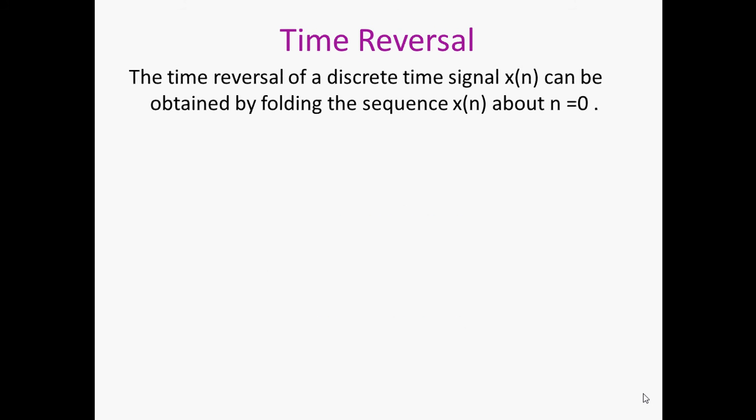Next is time reversal. So the time reversal of a discrete time signal x of n can be obtained by folding the sequence x of n about the origin or about n equal to 0.